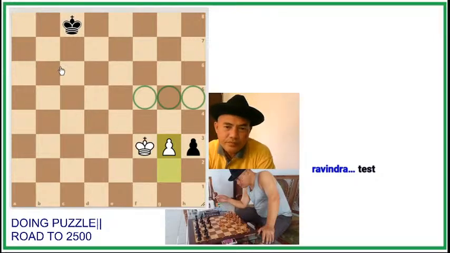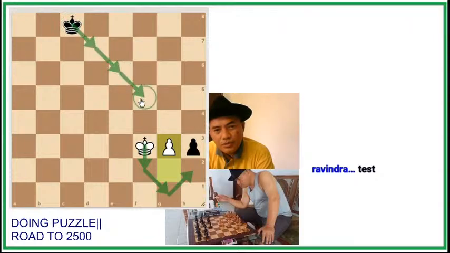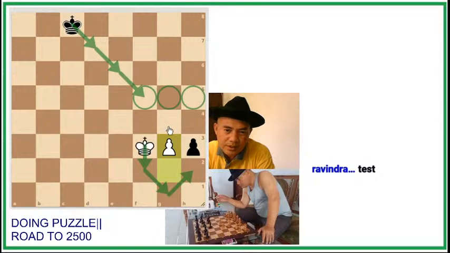Then if white tries to attack this pawn, this pawn will be promoted. If black tries to attack from behind, it still needs much tempo for white, which gives a chance for black to go to this key square.